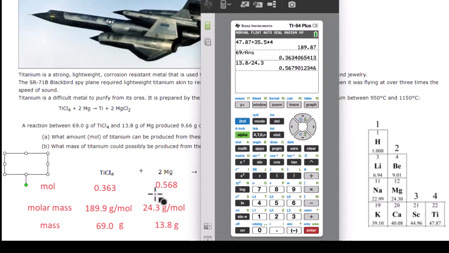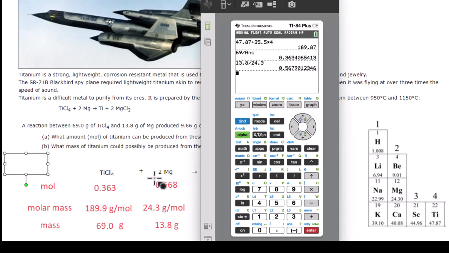Now, sometimes it could be not quite as obvious as to which substance you're going to run out of. So here's the general rule. If you can't quite see what's happening, you look at both reactants. Here's our 0.363, and divide by the coefficient it has. Well, there's a 1 here, so we don't have to do much division. 0.363.